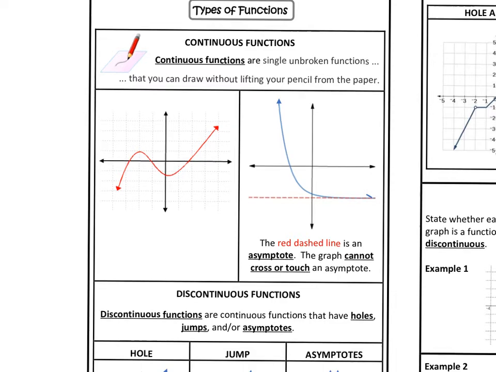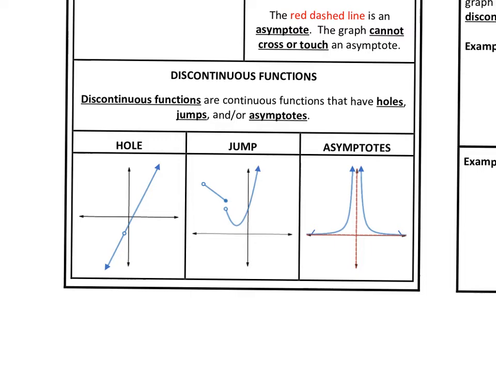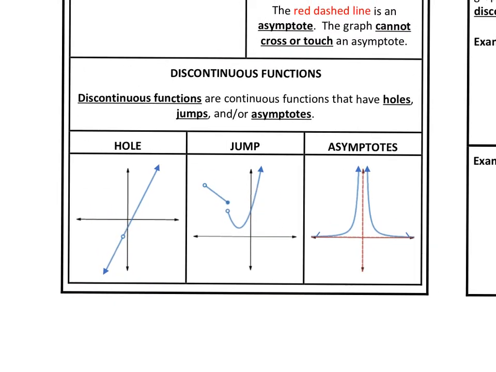Okay, let's look at the opposite. What are discontinuous functions? And there's actually 3 different types. Discontinuous functions are continuous for the most part, but they have areas that have holes, jumps, and asymptotes.